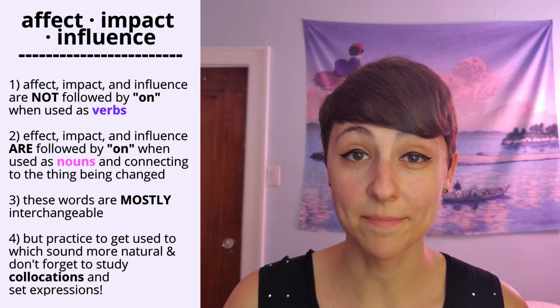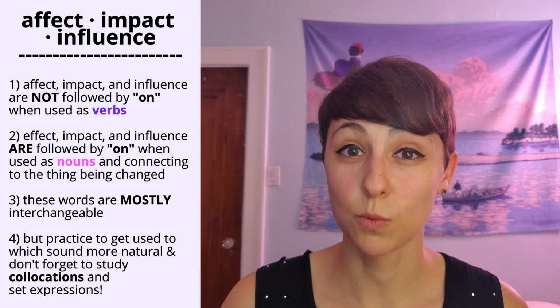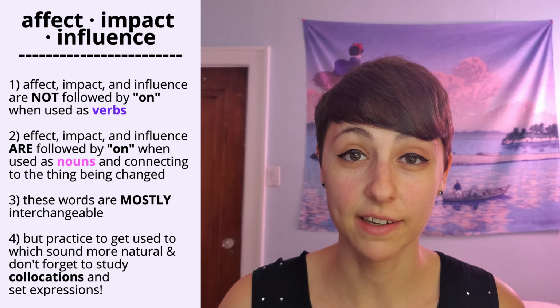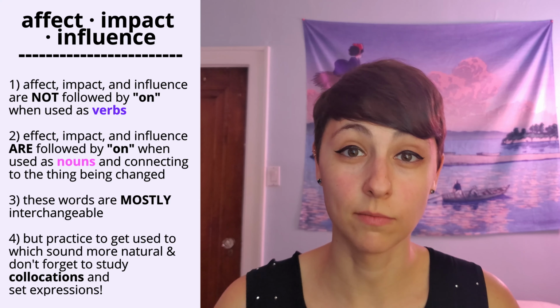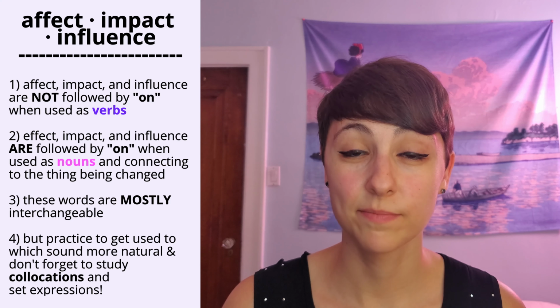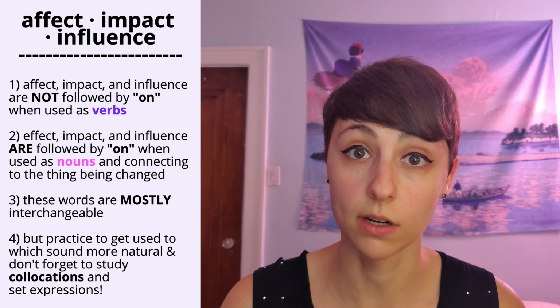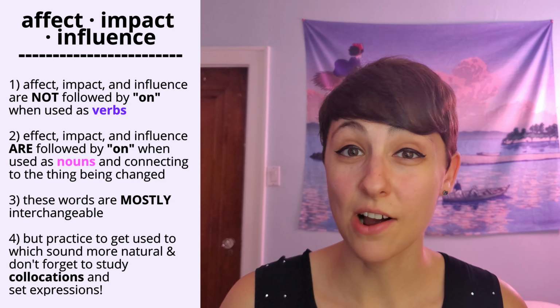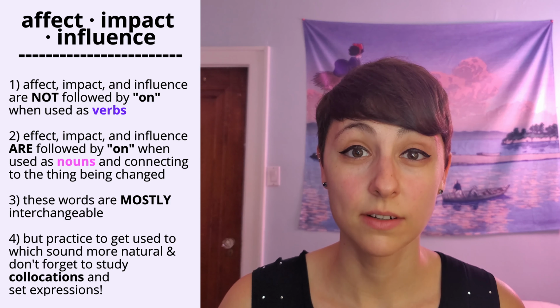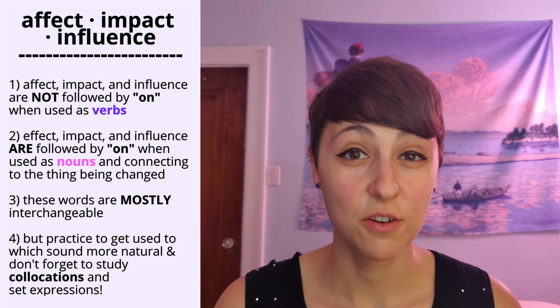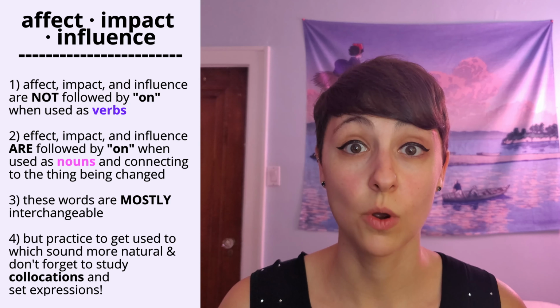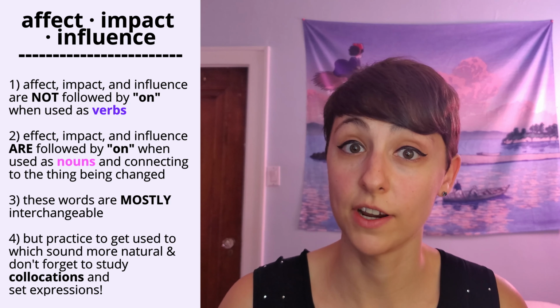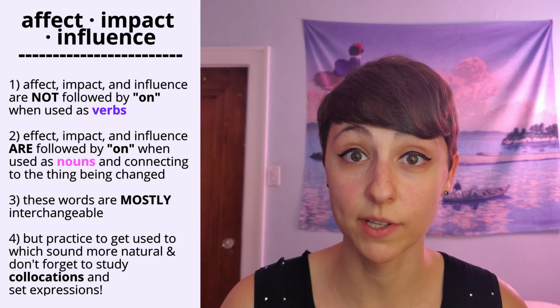A lot of the time, you can use these words interchangeably or swap one for the other. Sometimes it sounds more natural to use one instead of the other. Also, there are many collocations or set expressions where you really can only use one of them. So, for example, under the influence.